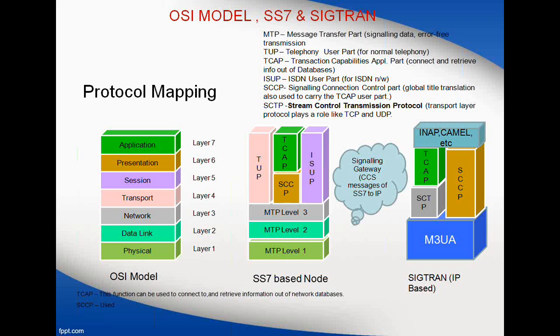So I started with the OSI model, SS7 and SIGTRAN, just to have a better understanding of how the normal SS7 and the IP-based systems are working or in use.